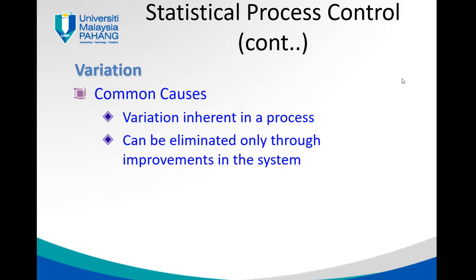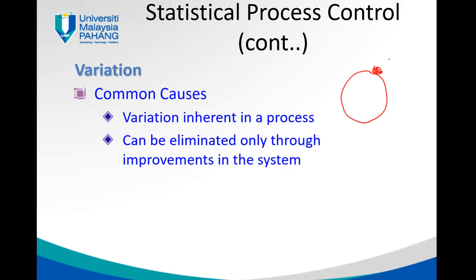For example, in a machining or cutting process, maybe the variation is the vibration of the tool that we use, or the method of the operator doing the job.